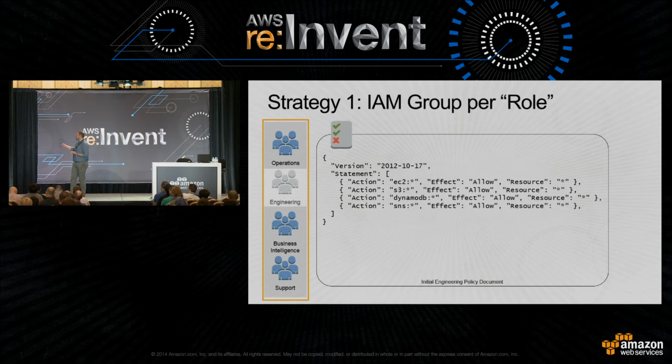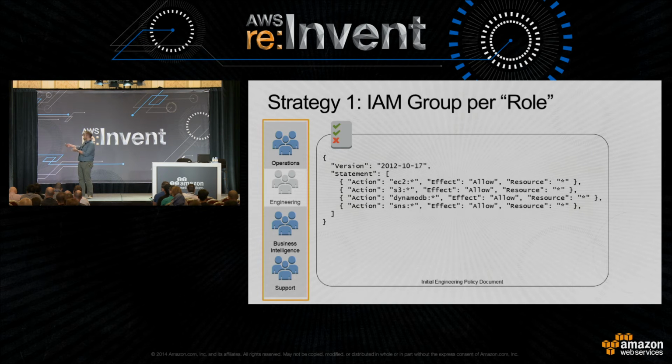If we start to break down our monkey buffer groups, we can see that we've come up with, say, a support group, a business intelligence group, ops, and then an engineering team. And so we're going to create a group per role that tries to satisfy everything that the users need to do. If we just look at engineering, they're going to need to work with the services that the product uses.